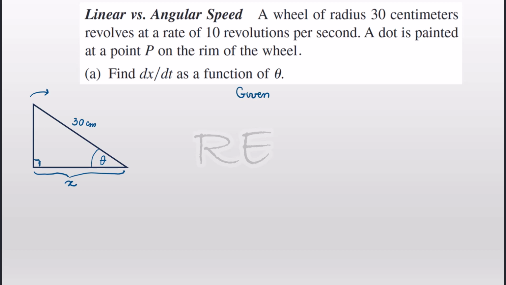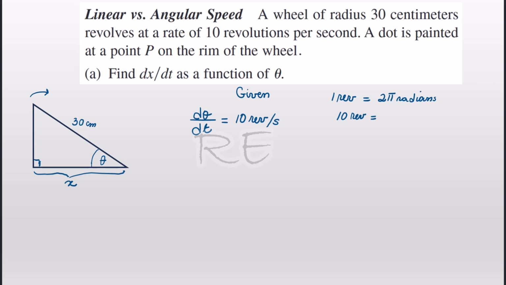Now, besides 30 centimeters, what's given is the rate of change of the angle theta, 10 revolutions per second. One revolution is 2 pi radians. Therefore, 10 revolutions will be 10 times 2 pi radians.